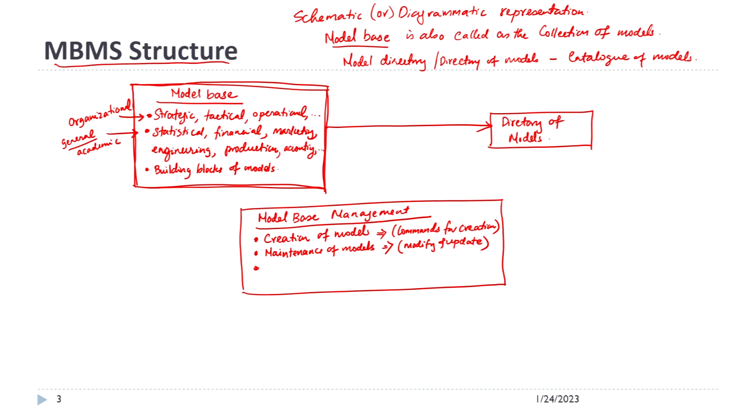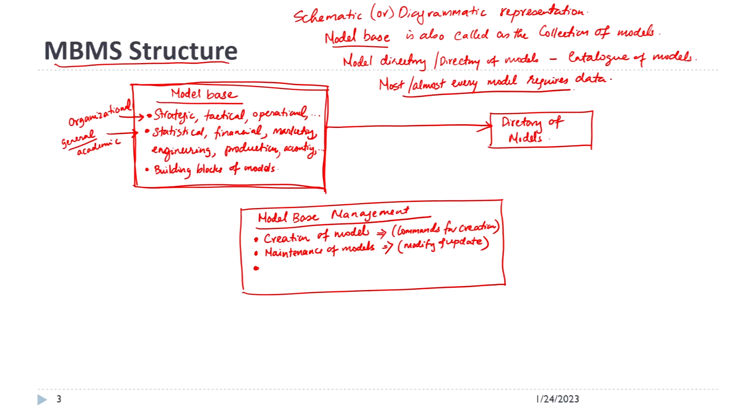Then the third one, one of the important things that you should understand, is that almost every model requires data. This is an important aspect of modeling.